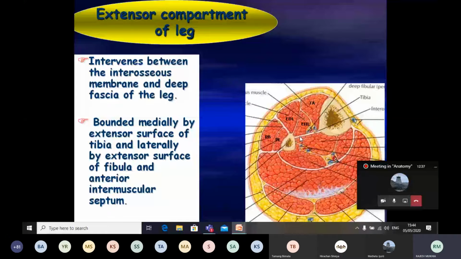The extensor compartment of the leg, the anterior compartment, lies between the deep fascia of the leg and the interosseous membrane. This region is the anterior compartment of the leg. This larger compartment is the posterior compartment, whereas this small compartment located laterally is the lateral compartment of the leg.